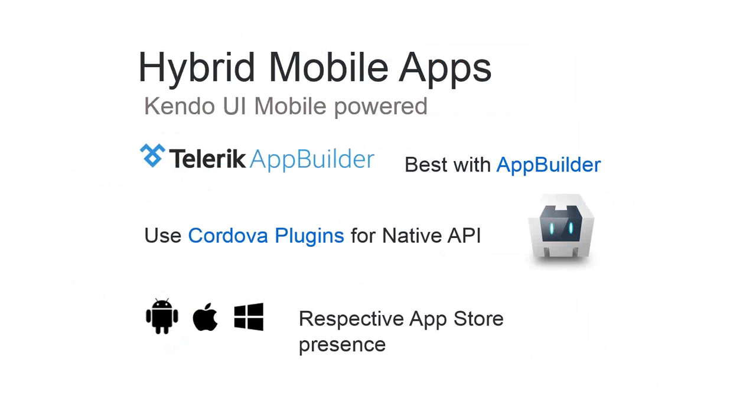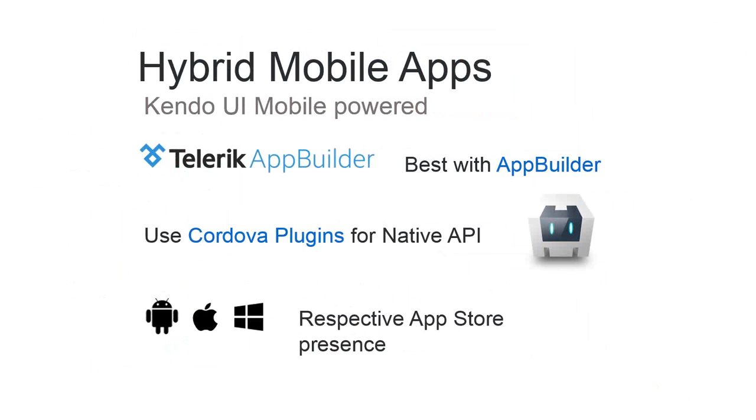IDE stands for Integrated Development Environment, meaning you develop your code, debug your code, run your code, and package your application all within one single environment. So that's Telerik App Builder. It's not free. It is a licensed product, part of our Telerik mobile platform, but it's available as a 30-day free trial. You can go to platform.telerik.com, sign up, get a 30-day trial, and make use of App Builder.